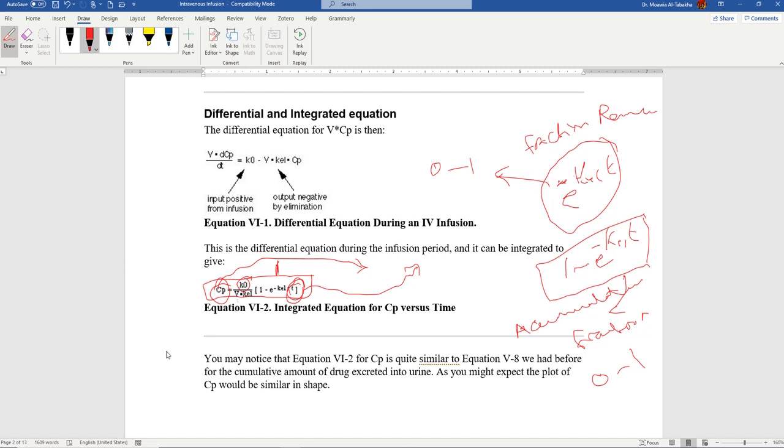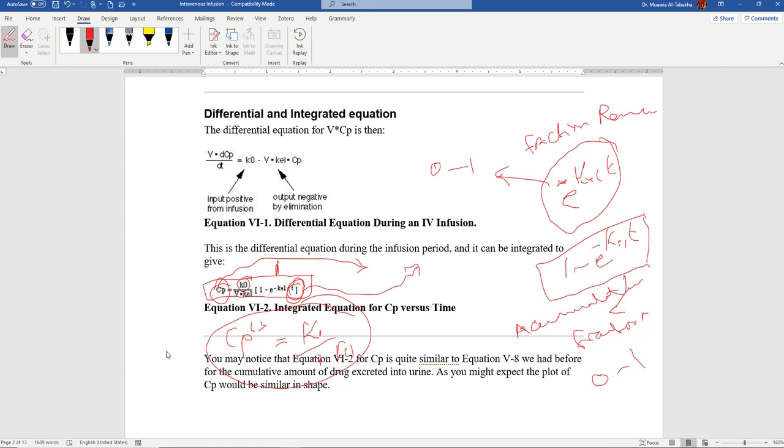In this case CP reaches CPSS and becomes equal to K0 over V of KL. And this is when you get to your steady state concentration. So when do you get to it? You will get to it after a very, very long time.